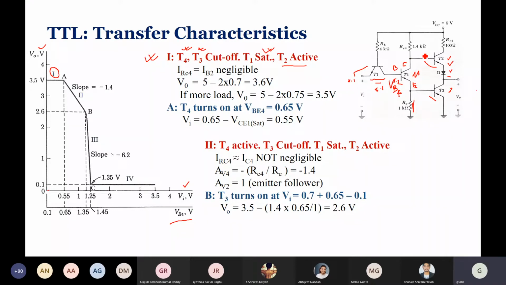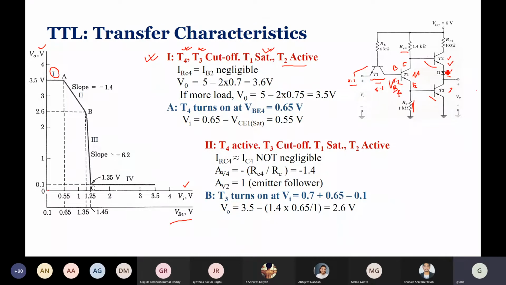So the voltage drop across these two is 1.4 volt, and since the base current is relatively small, when T2 is in active mode, not in saturation, the IB, which is IC into RC4 drop, will be relatively small. So if you neglect that, then 5 volt minus 0.7 volt and minus 0.7 volt, so 3.6 volt is the output that we will see when this is low here.